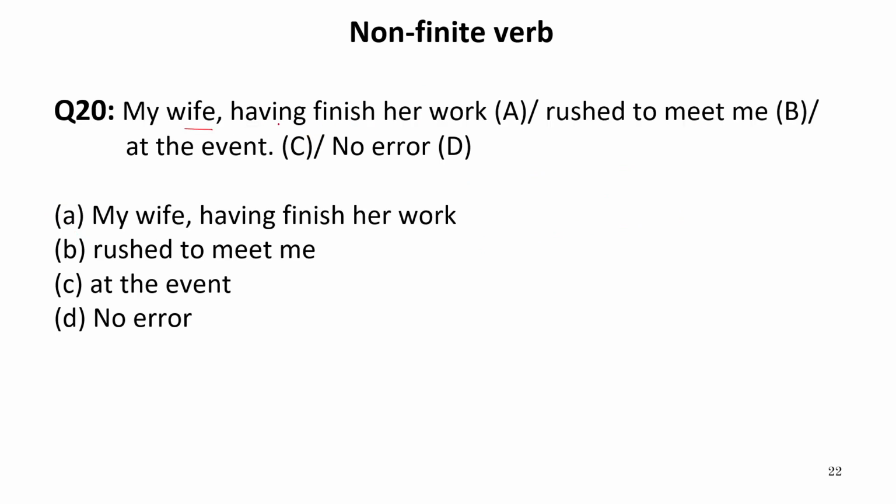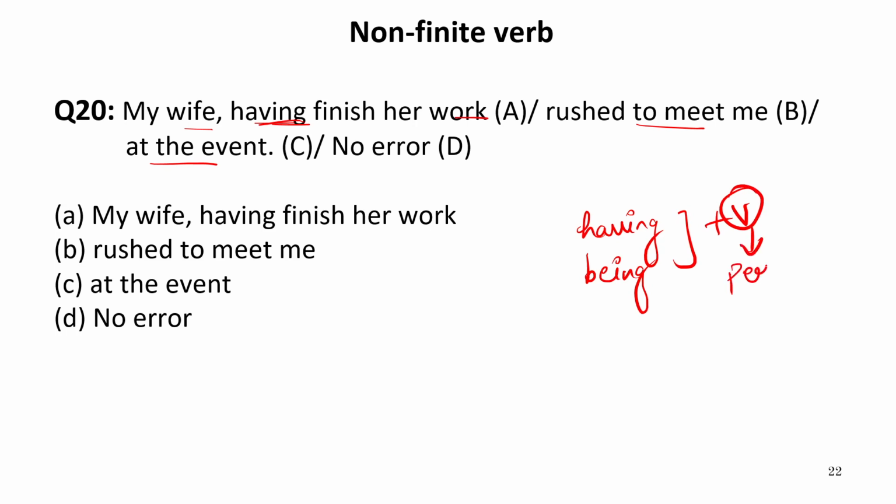My wife, having finished her work, rushed to meet me at the event. Now whenever we have a word having or being, and after that we have a verb, that should be in perfect participle always. That means third form of verb.